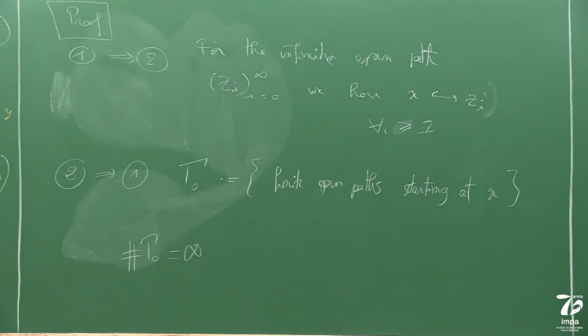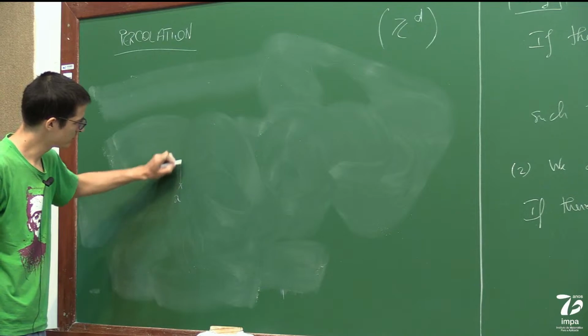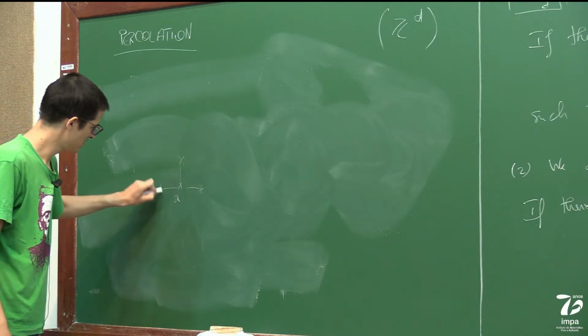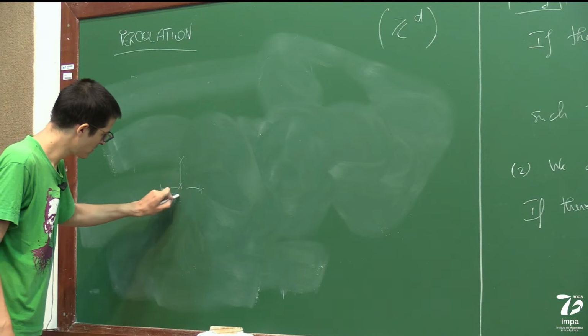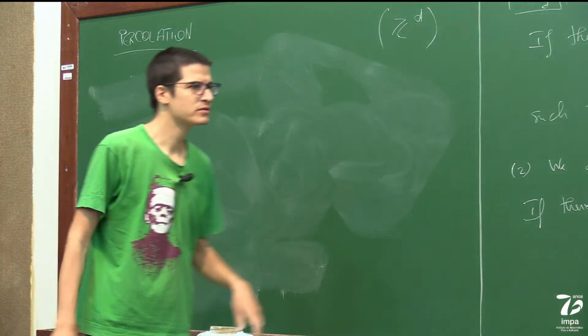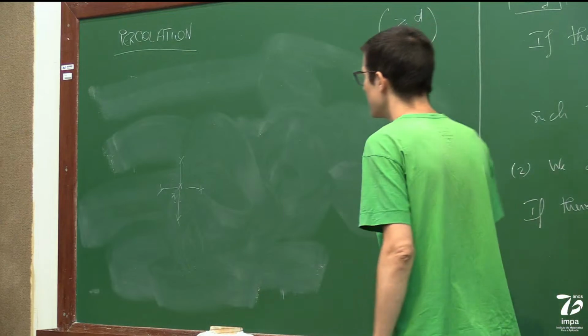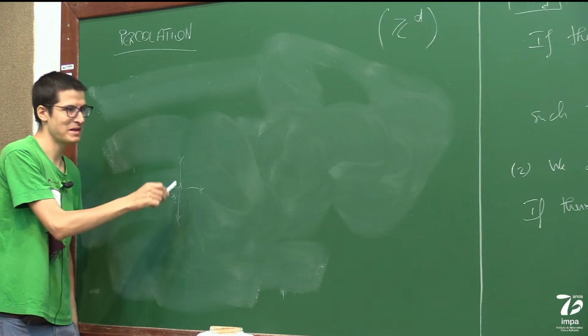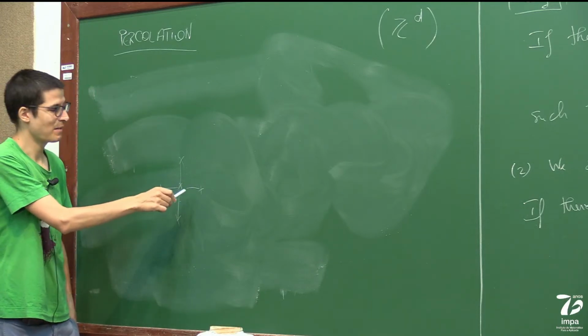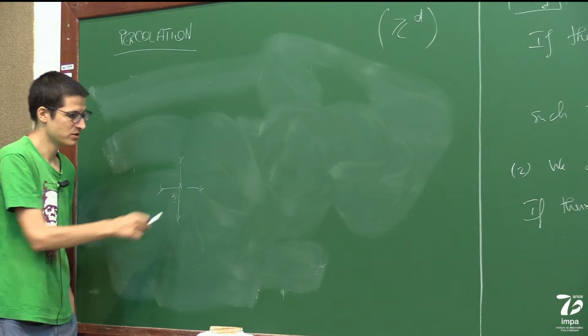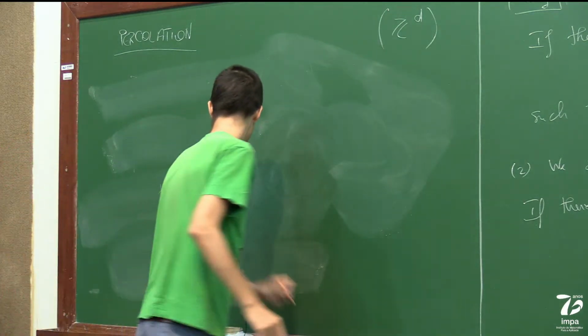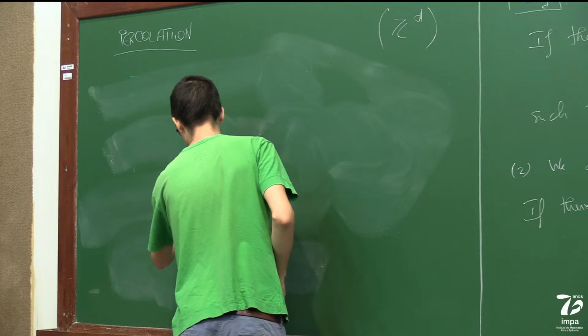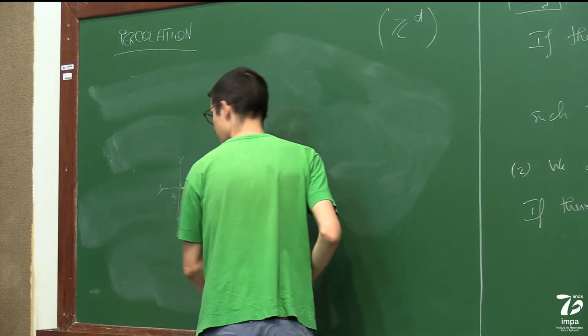Okay, so now I start from X, and X has 2D neighbors. So among these neighbors, I can find one for which there are infinitely many paths in gamma 0 which use the edge X, Z1.